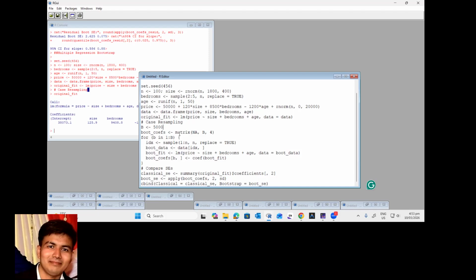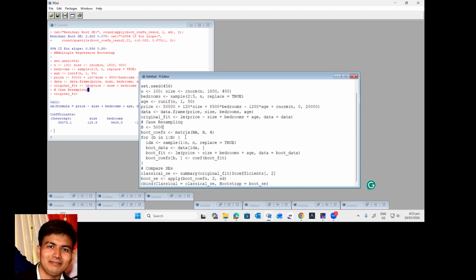And B is the number of rows that we need, 5,000 rows, and then we apply the for loop. In this for loop, in idx, we are going to generate the sample from 1 to n, of size n with replacement. In boot data, we generate the data using idx, which is the index.